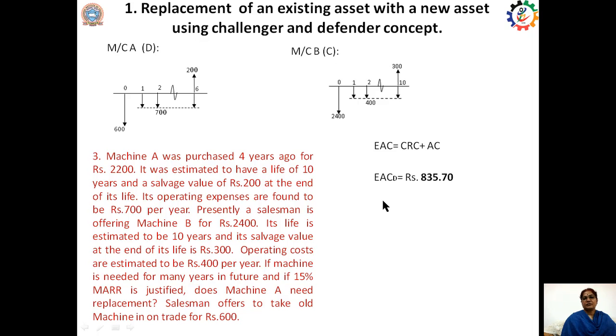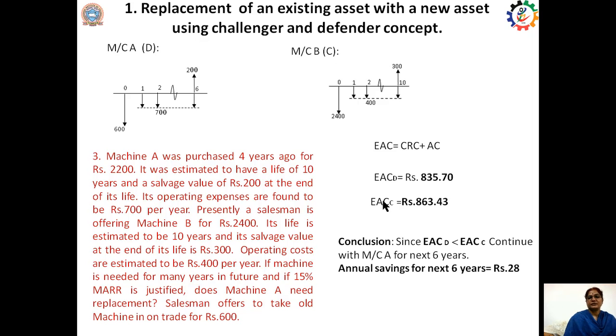So we got the Defender value 835.70 rupees. Challenger 863.43. Calculations stepwise not shown. In the similar way how I explained previously, do the calculations on your own and tally the values.